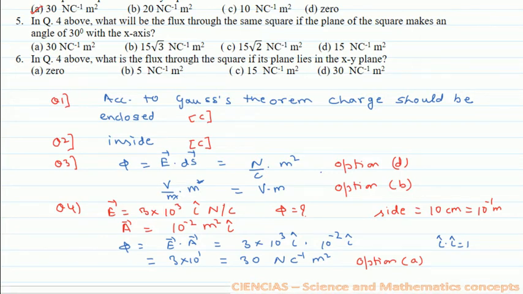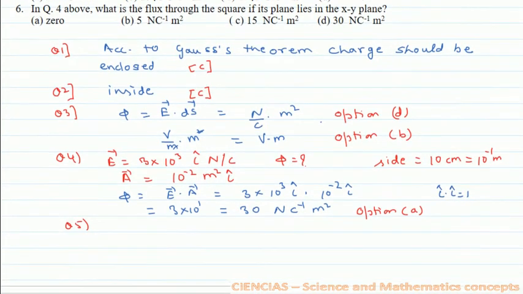Now the fifth question. In question 4 above, what will be the flux through the same square if the plane of the square makes an angle of 30 degree with the x axis?